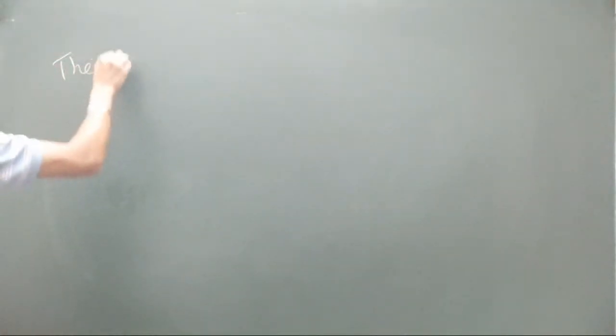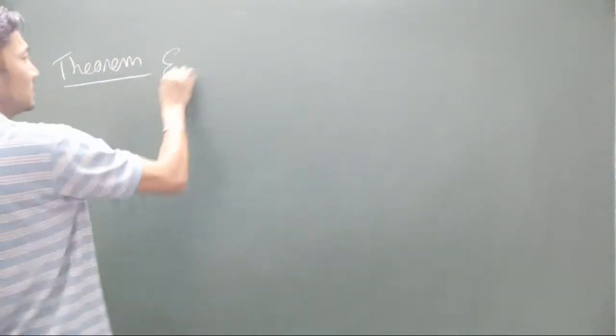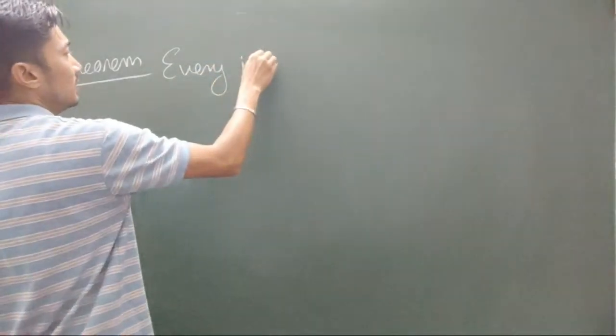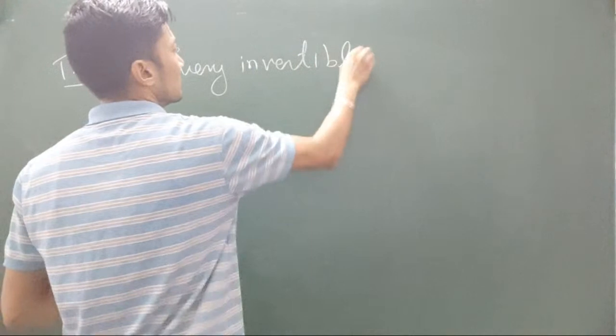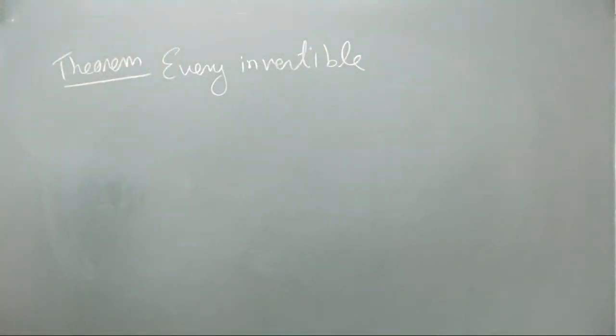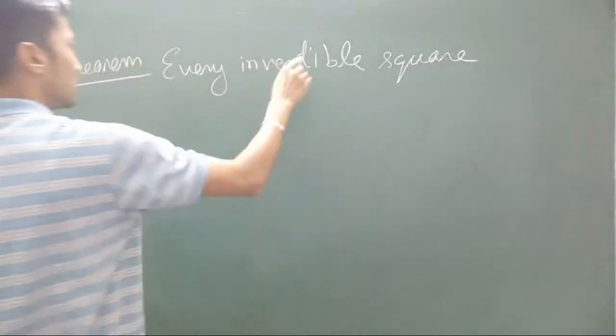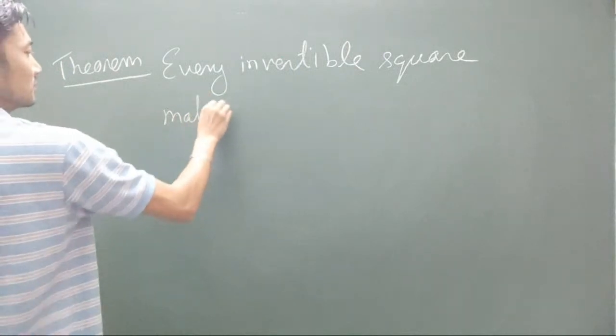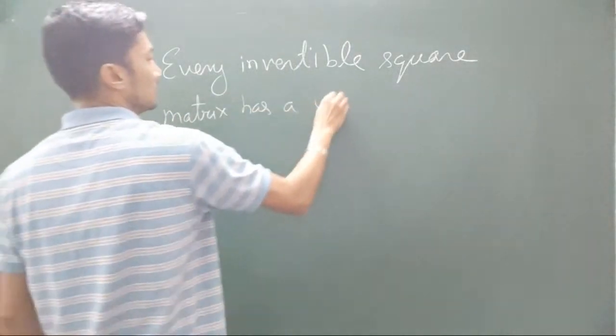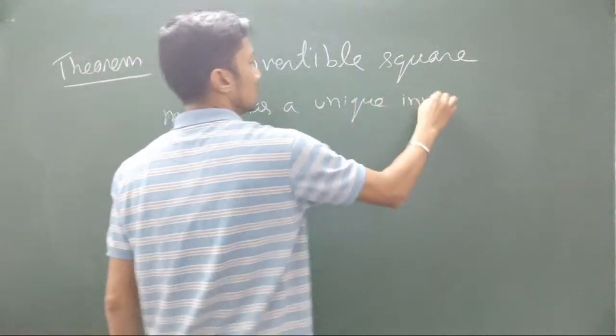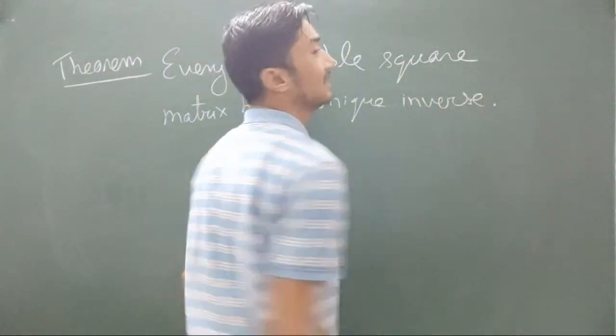Okay, enough of the lectures. But before that, there's one theorem. We're not going to be proving it, don't worry, I told you we are not going to be proving any theorems, but this is important. Every invertible square matrix has a unique inverse.